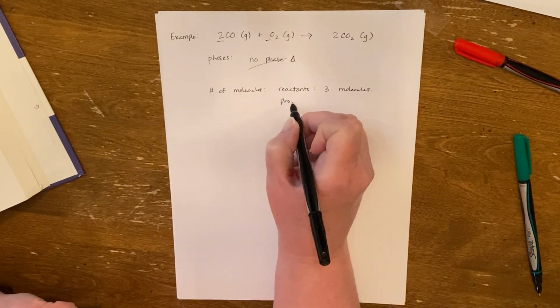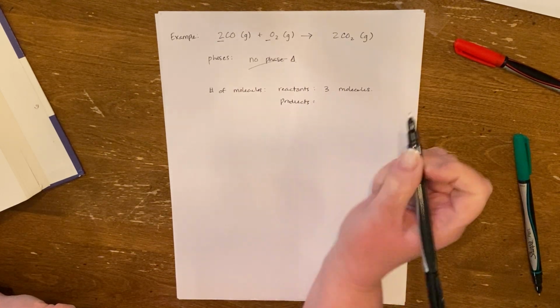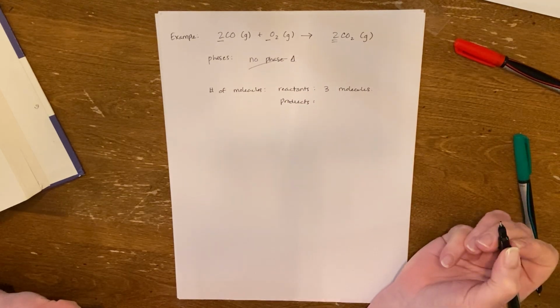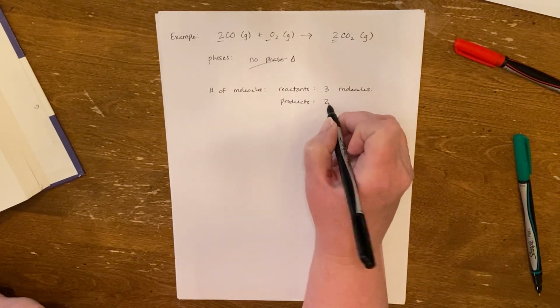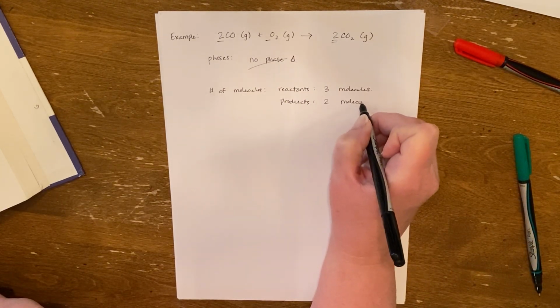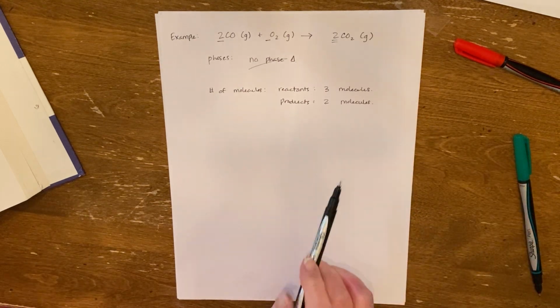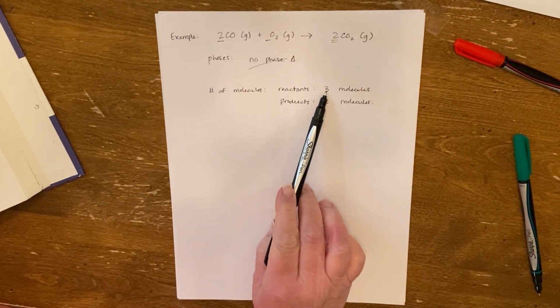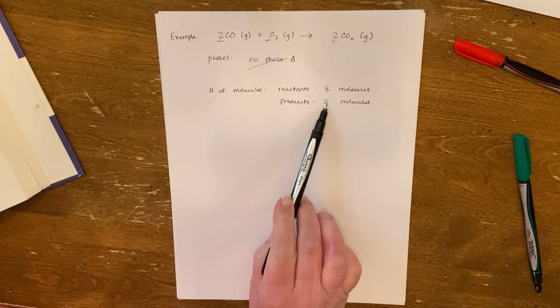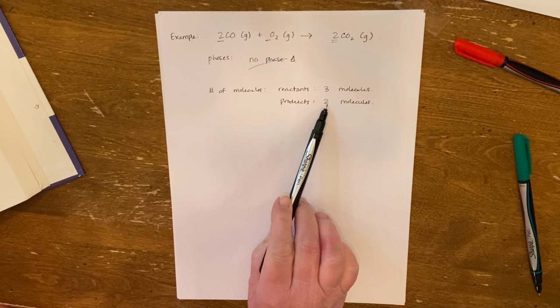Okay, in my products, I have 2 molecules of carbon dioxide, so I have 2 molecules. All right, so is 3 molecules more or less disorderly than 2 molecules?